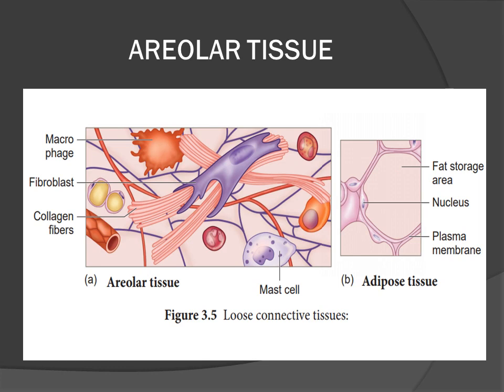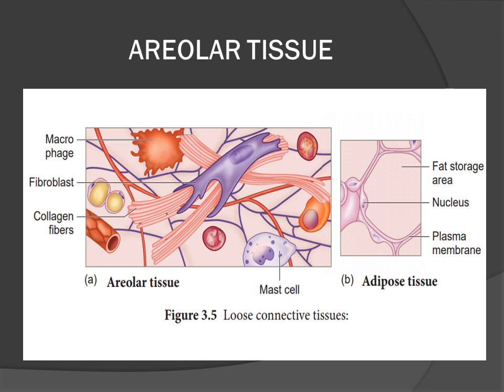So listen here. Here this ground substance is there. The fluid mentioned there is the ground substance. Then fiber is present. We said three types of fiber, right? Collagen fiber, reticular fiber, as well as elastic fiber. In that, areolar tissue consists of collagen fibers.